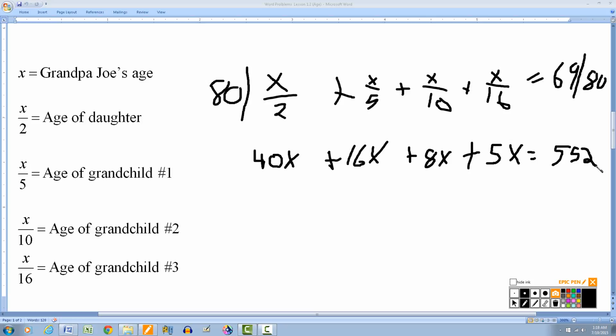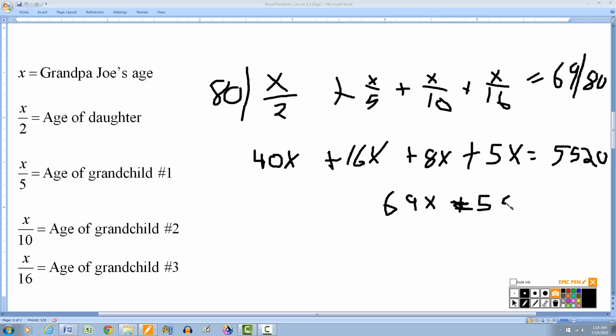And then I combine this: 40x, 16x plus 8x and 5x comes out to 69x, just combining terms. So I get 69x is equal to 5520.